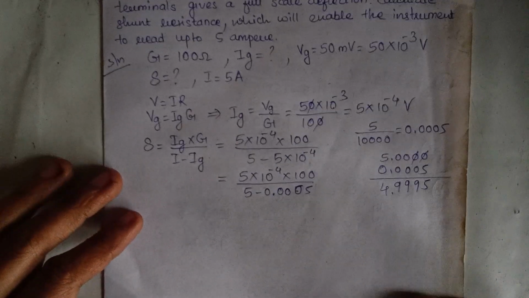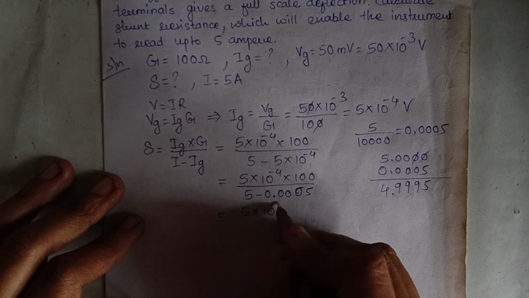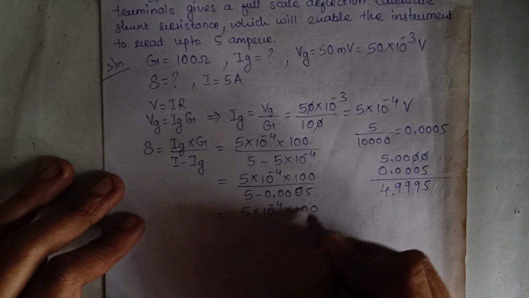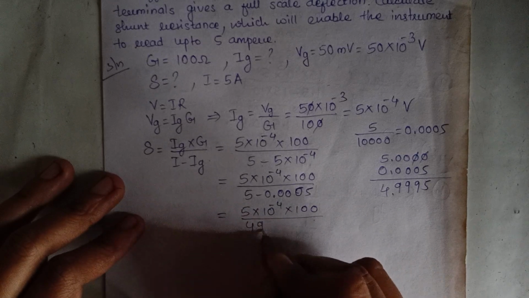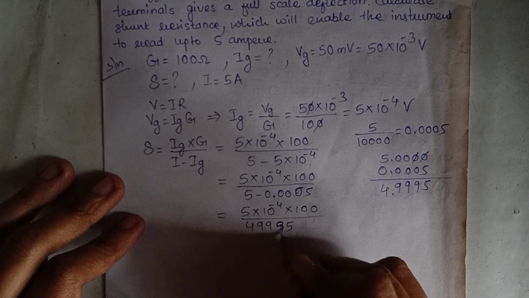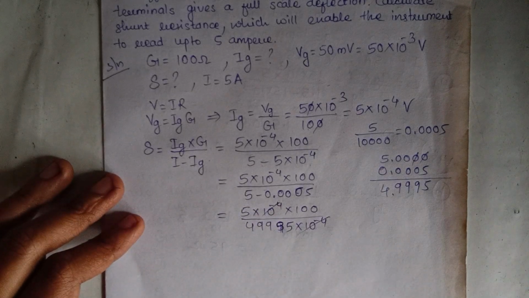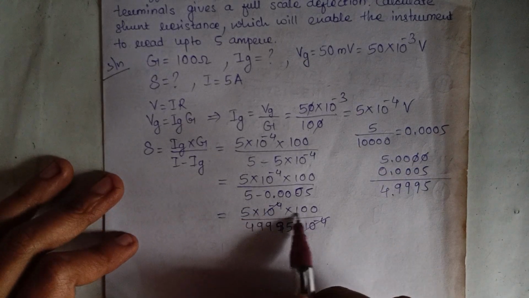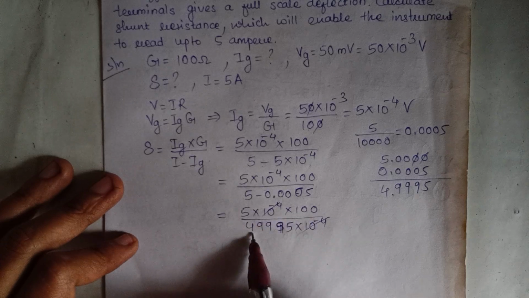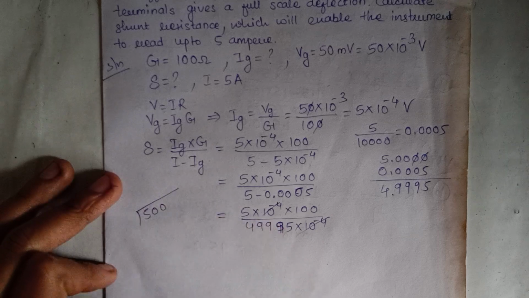So 4.995. Removing the decimal, you will get 4995 into 10 raised to minus 4. You can cut this.